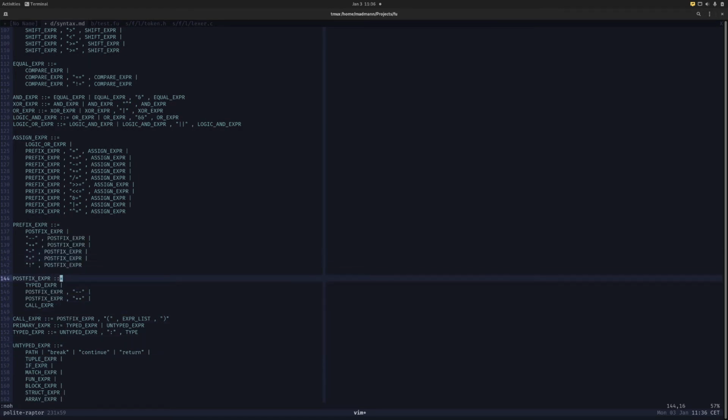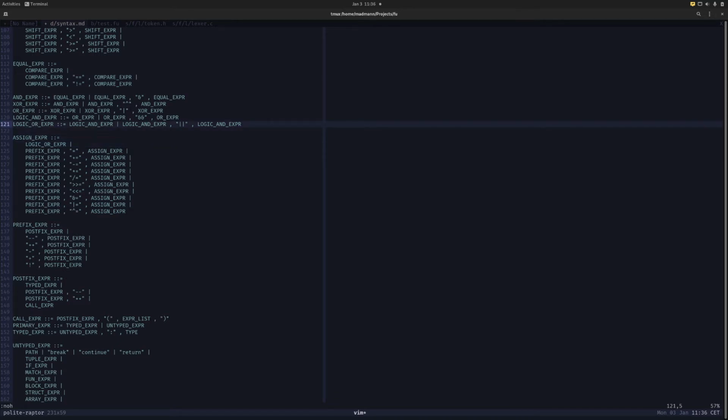What we have here is essentially that we can have some expression on the left hand side which is not a binary expression, essentially it's either postfix or prefix, and then we have an equal sign, then an assignment, and then the assignment expression is yet again another one of these, or a logic OR expression.